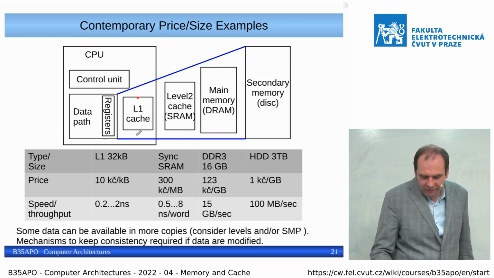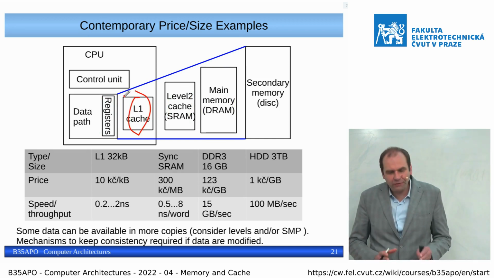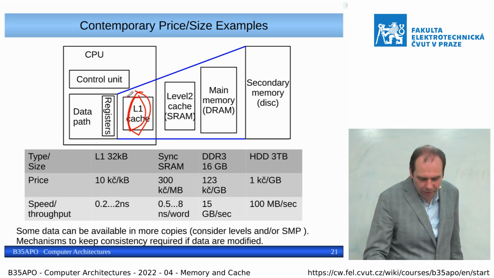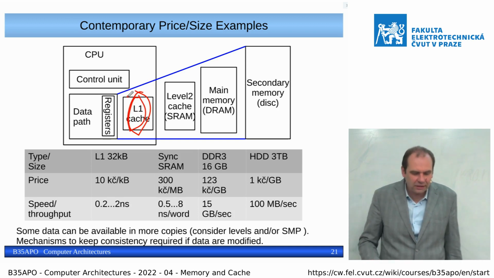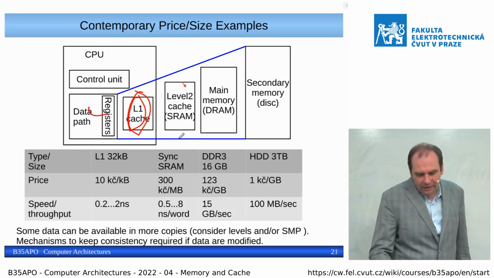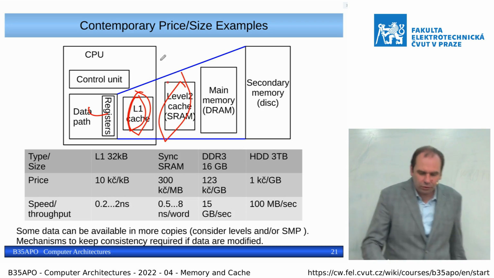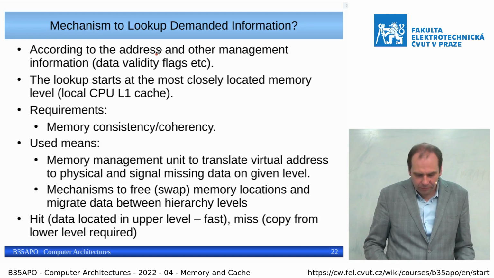And we cannot even build a large and fast L1 cache, because even that is a problem. So usually we have a small memory which can access data in 1 or 2 clock cycles when there is a request from the processor. Then we have a second level, which is larger but slower and usually shared by multiple cores. And then we have the main memory.